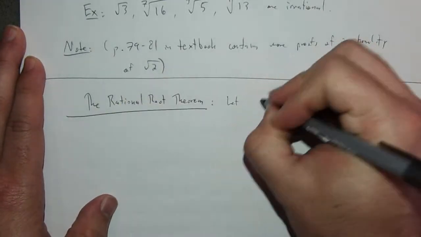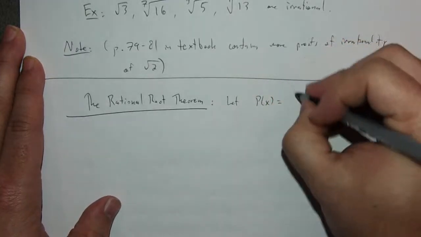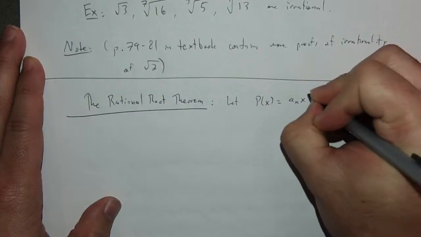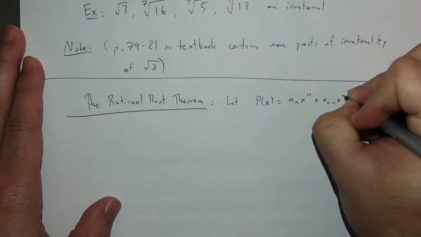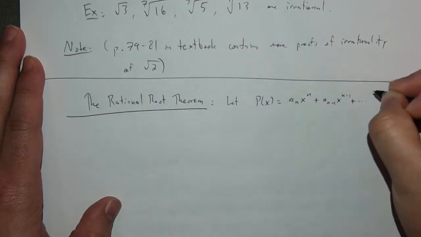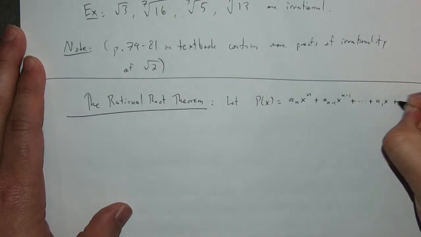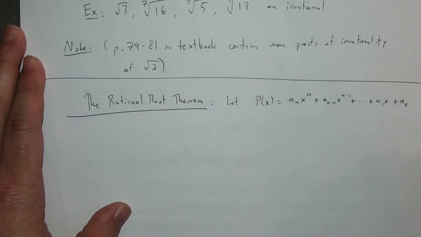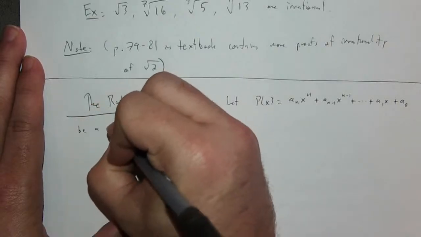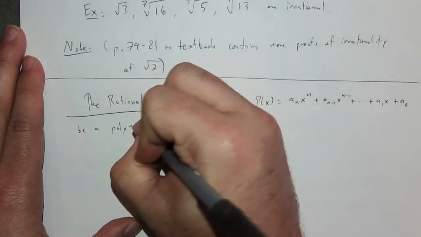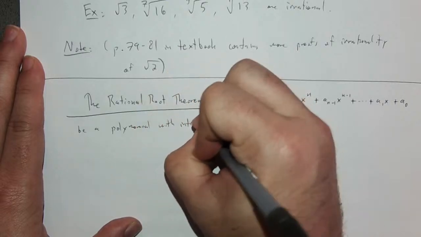Let p of x be a polynomial of degree n. It looks like this, plus a sub 1 x plus a naught, with integer coefficients.